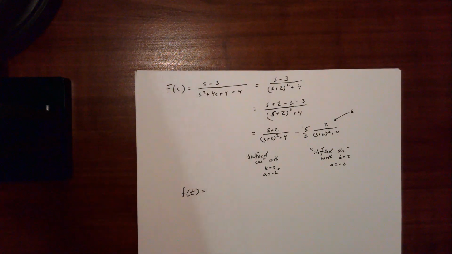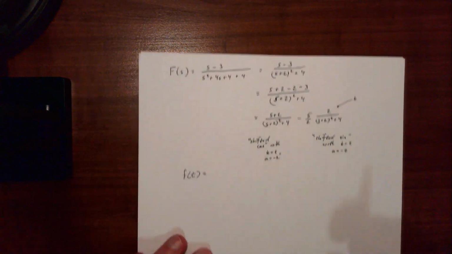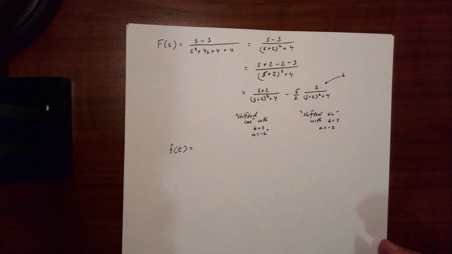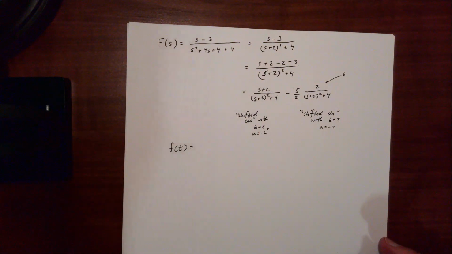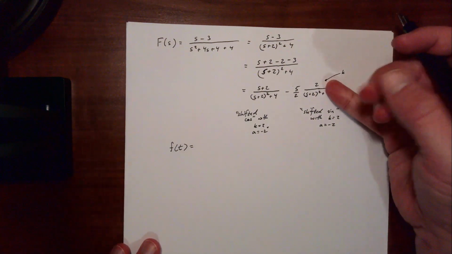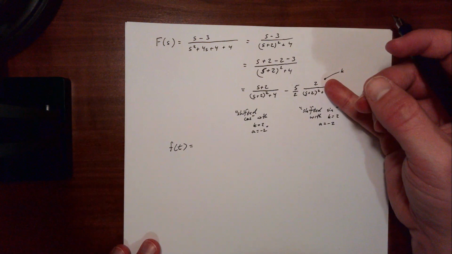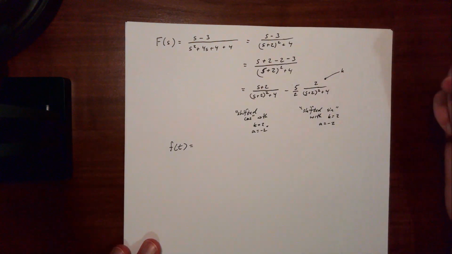We have a known Laplace transform here, except there's an s plus 2 where there's ordinarily supposed to be an s. And we have a known one here, again with an s plus 2 where there was ordinarily supposed to be an s.